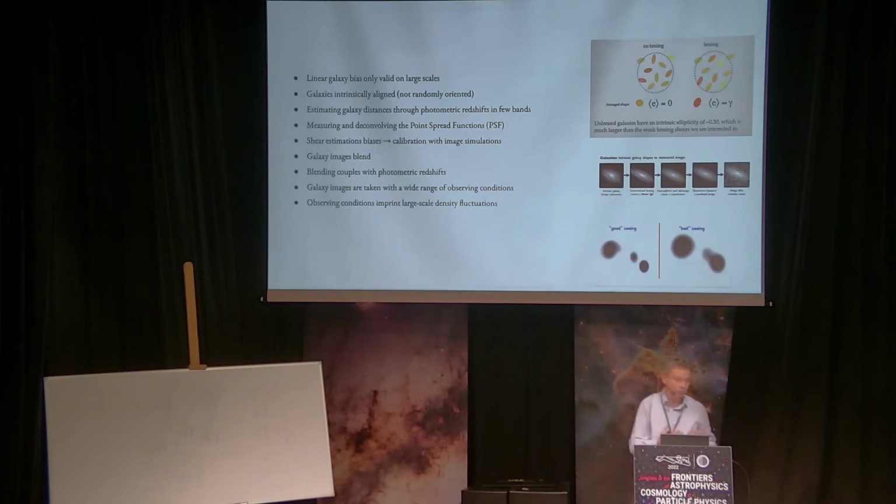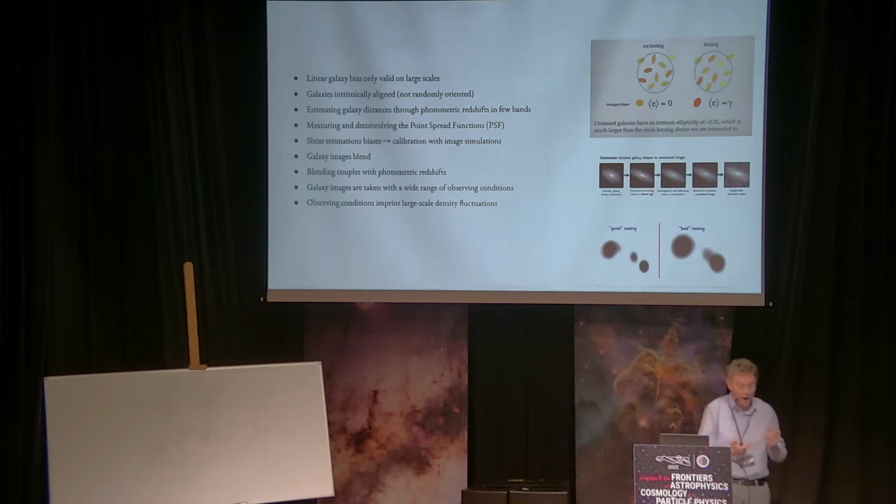So this is something to care about. Why? Because the intrinsic ellipticity of a galaxy is of the order of 0.3, while we are after a signal which is much, much weaker. So the hope is that statistically you will be averaging out all these galaxies and you will get the cosmological signal. That's really the hope of these people.